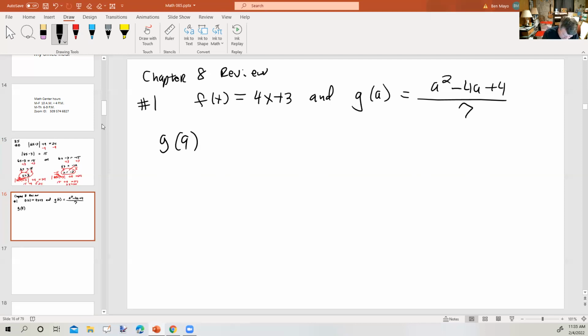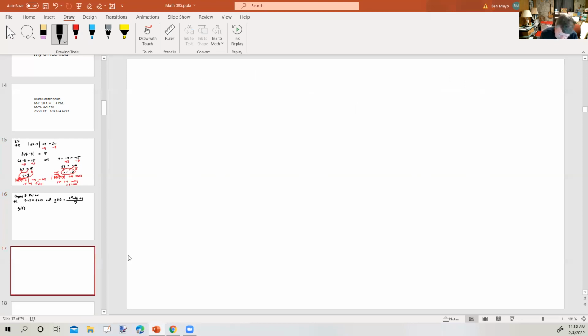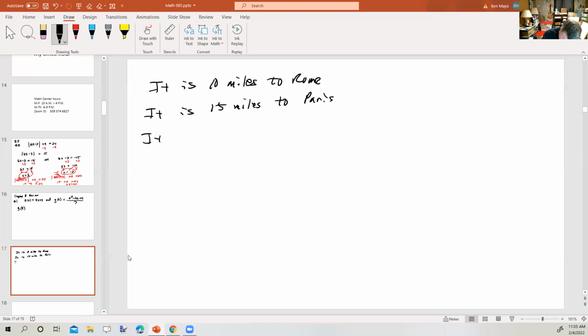Let's look at another situation for a minute. Suppose I said it is 10 miles to Rome. It is 15 miles to Paris. It is 4 miles to Moxie. Okay, suppose those were the given facts.